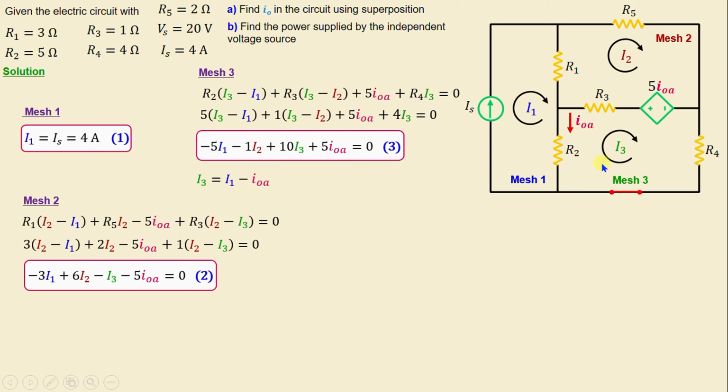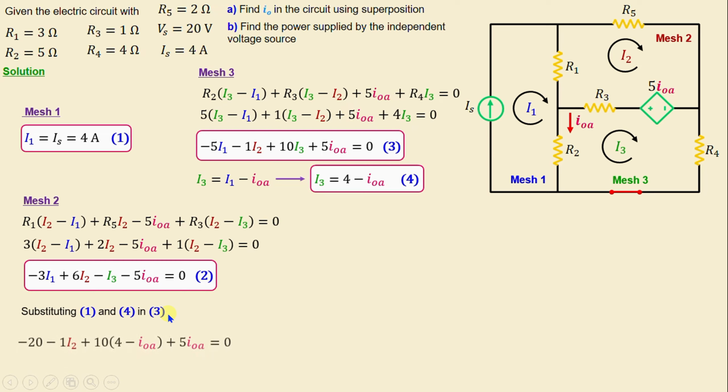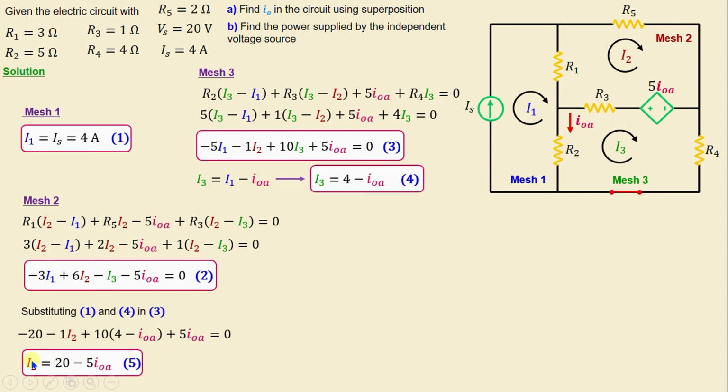We can see here that I3 is equal to I1 minus I0. And if we replace I1 with its numerical value, we obtain I3 is equal to 4 minus I0A. Now, by substituting 1 and 4 in 3, we can express I2 in terms of I0A.